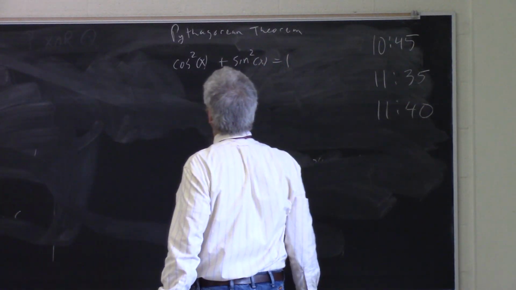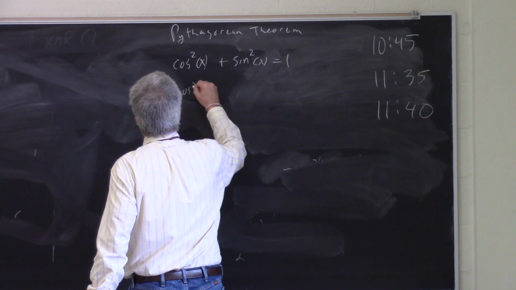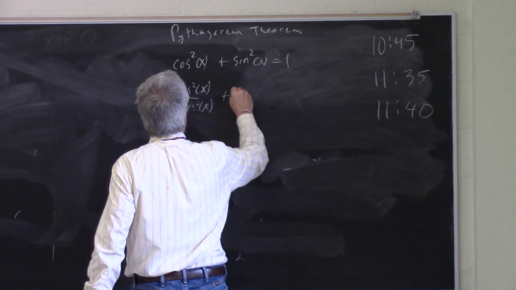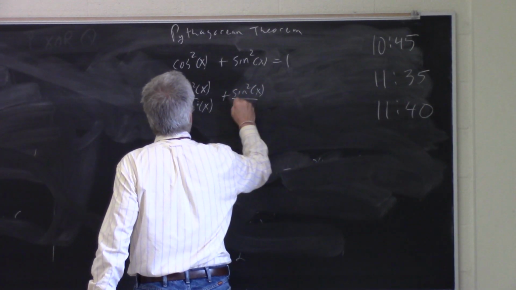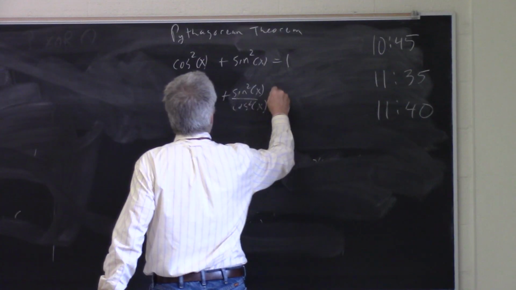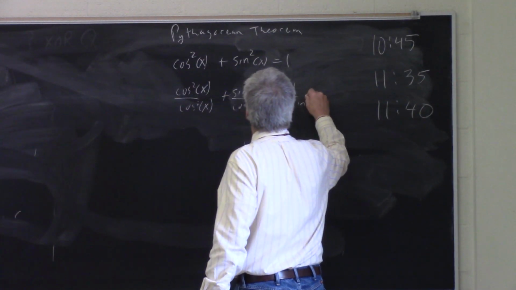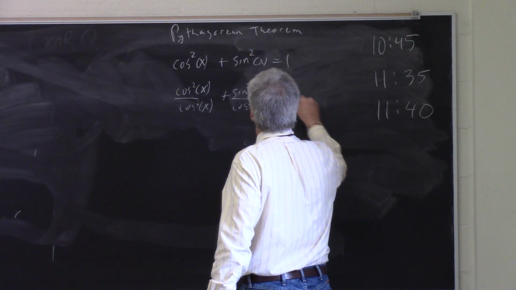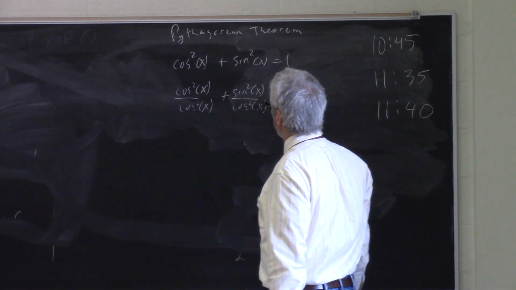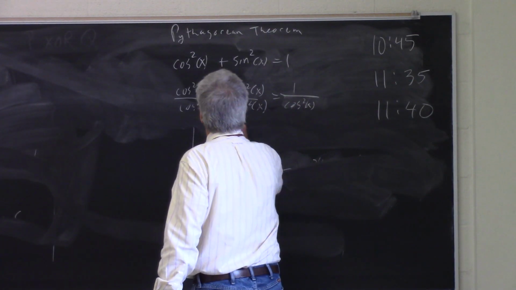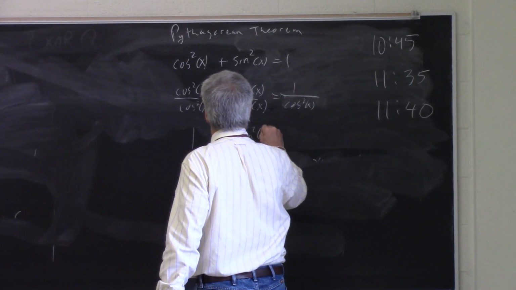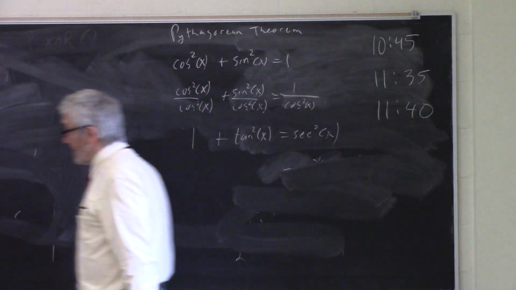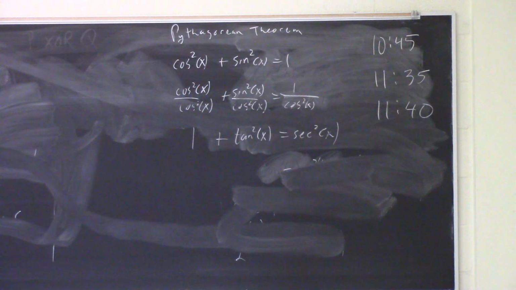So let's divide everything by cos squared. So that first term is 1, and then 1, and this is tangent squared, and then this is secant squared. So tangent squared, it turns out, is secant squared x minus 1.